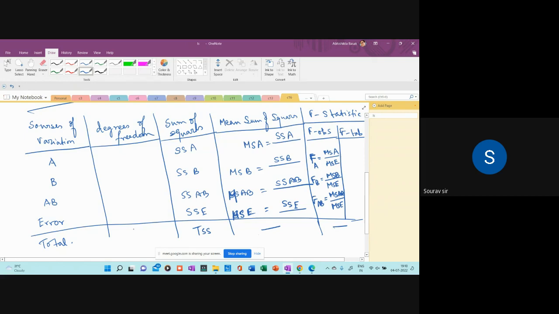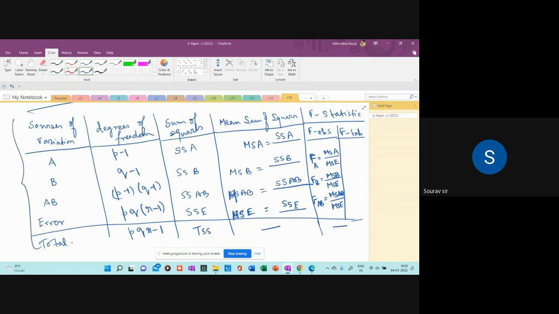Our focus is on the degrees of freedom. The total degrees of freedom will be PQR minus 1. For A, we have P minus 1 due to one constraint. For B, we have Q minus 1. Here we have P minus 1 into Q minus 1. And ultimately, if we add all three and subtract from the total, we will get PQ into R minus 1. This is the setup which you have to remember.